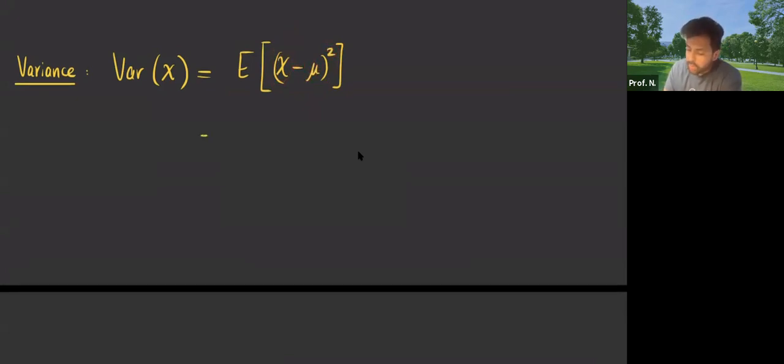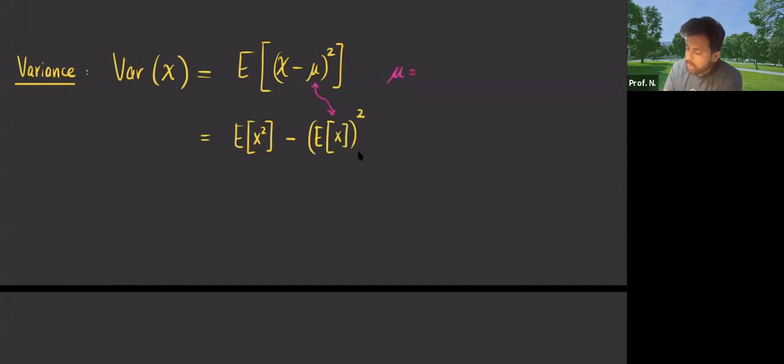So when you expand things out, what you get is the expected value of x squared, of the random variable x squared, minus the expected value of x, and this entire thing is squared. So remember, mu and expected value are the same.